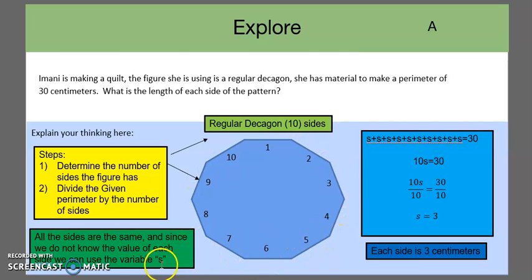Since there are 10 sides, and it's a regular polygon, each side is the same value. So we're going to add 10 s's and set it equal to 30 because that's the perimeter. When we combine all of these, we get 10s equals 30. We do inverse operations by dividing by 10 on both sides, and 30 divided by 10 is 3. So each side is 3 centimeters.